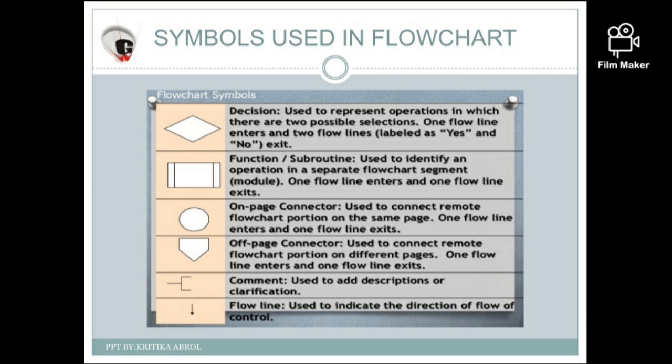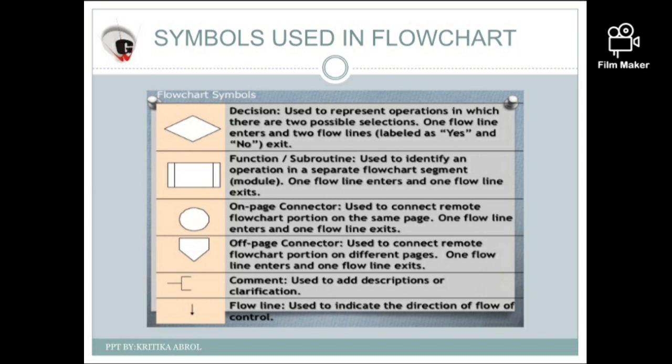So flow lines basically depict the flow of instructions or information from one shape to another. These were the different flowchart symbols that help you to create a flowchart, which is the pictorial or graphical representation of an algorithm. So this is all about the topic flowcharts, algorithms and Small Basic.